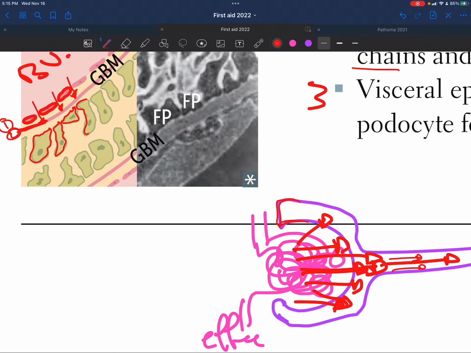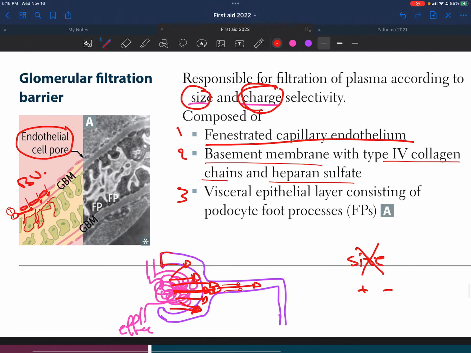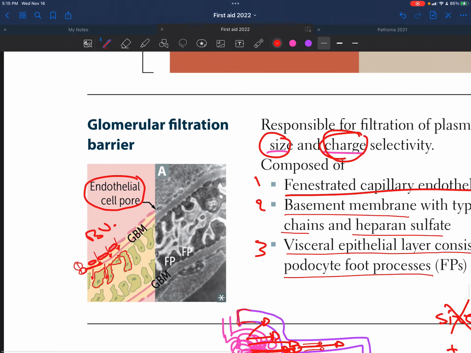The blood also moves through the slits between one podocyte and the next. These podocytes are called the visceral epithelial layer, consisting of podocyte foot processes, and each one of those is a foot process.